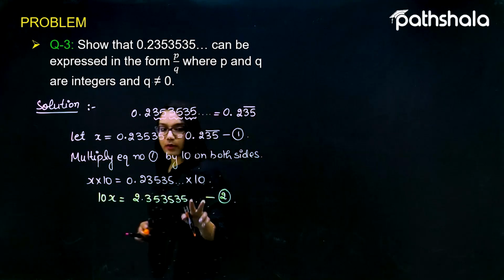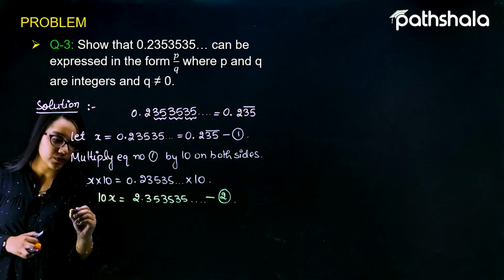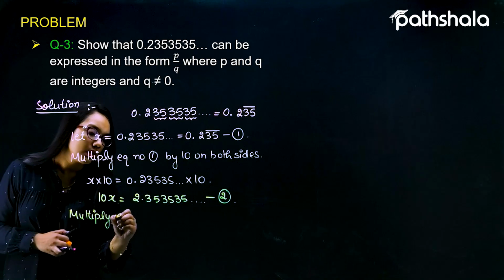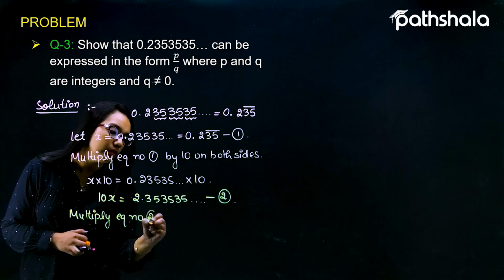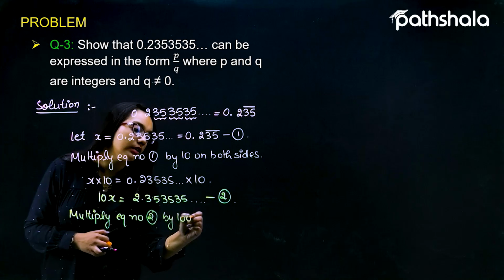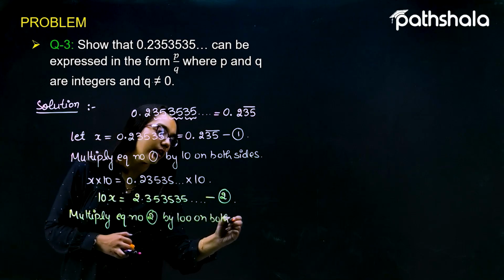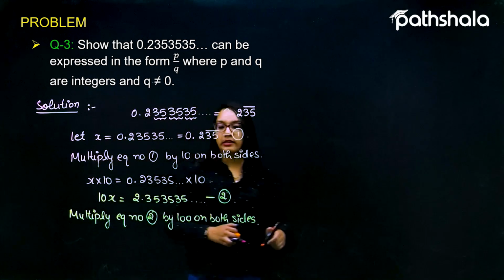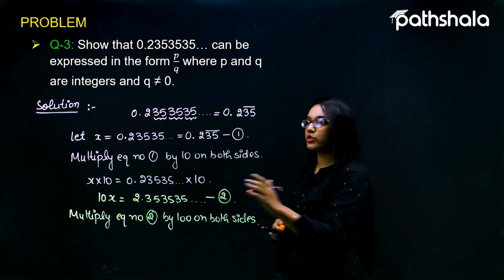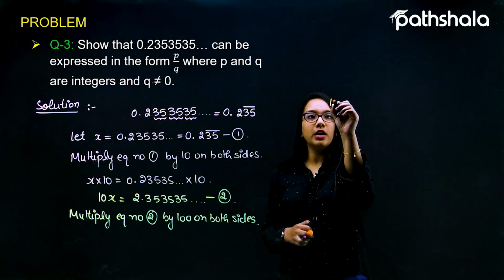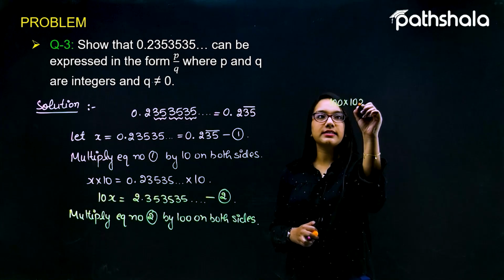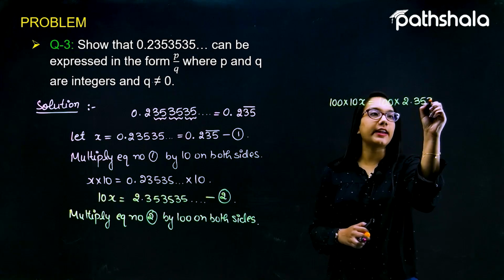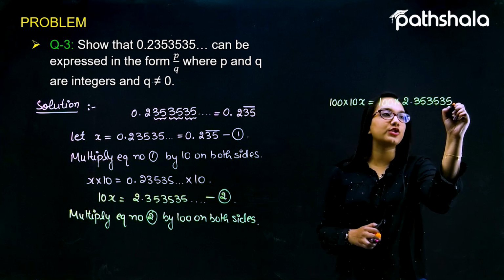So in this equation, we will multiply equation number 2 by 100 on both sides in order to take 35 to the other side. So it will be 100 into 10x, which is equal to 100 into 2.353535 and so on.